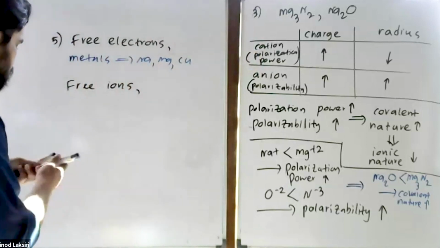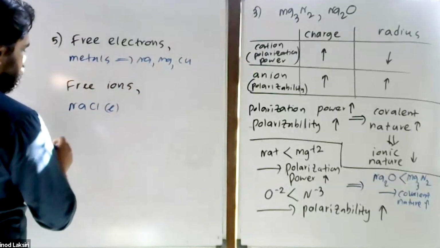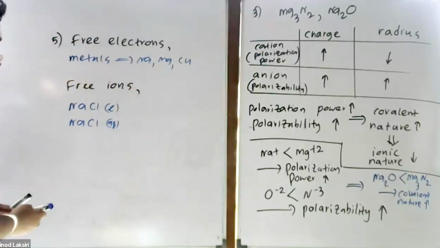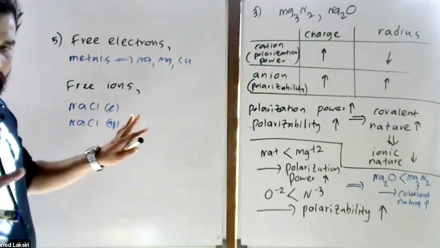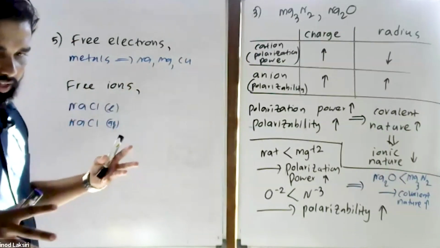Free ions are present in ionic compounds in the liquid, that is molten state, and in the aqueous state, right? In the molten state, Na+ and Cl- are separate from each other. Therefore, they are present in a free state.